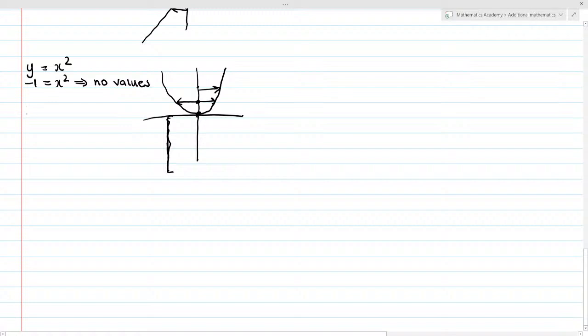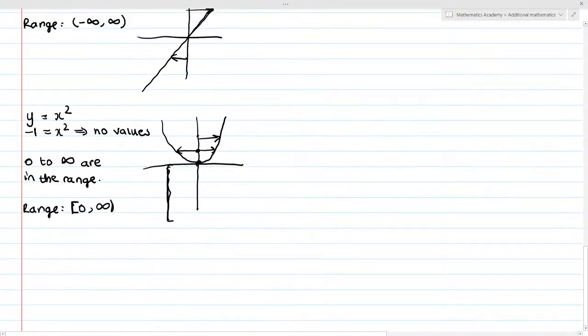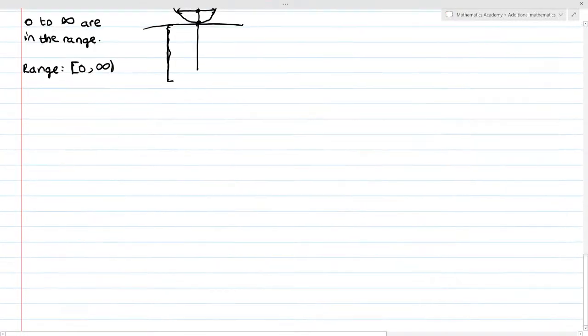It's only the values from 0 to infinity that are in the range. And remember, 0 is also included in the range, so if we were going to write the range, we would write it like this. So 0 is included, therefore we use square brackets, and then we do comma to infinity, and then just regular brackets. Okay.